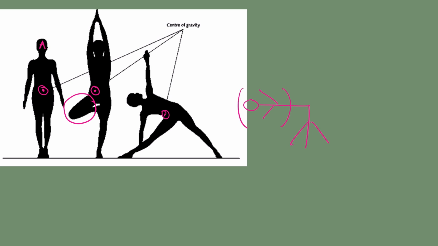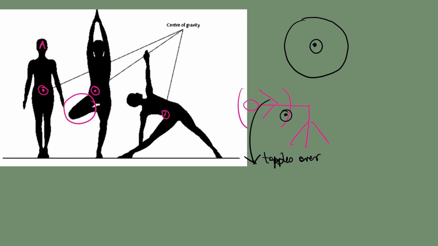So the center of gravity can possibly shift outside the body, and whenever the center of gravity shifts outside the body, it topples over. Why? Because it has lost balance at this point. But this is not true for all objects, because some objects can have their natural center of gravity outside their body.